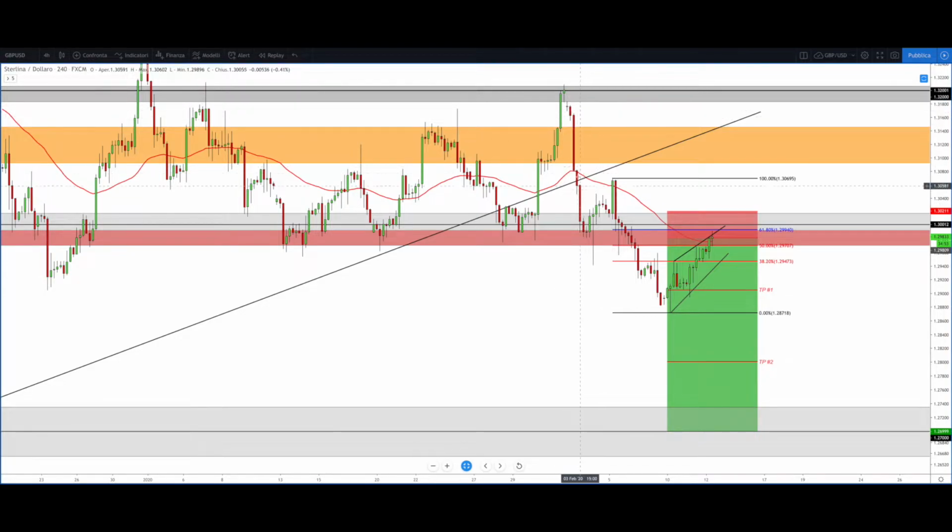But we can clearly see that the price, after this bearish gap at the weekly opening, started a huge bearish movement here that brought it to almost break again this slowdown area around 1.2980.